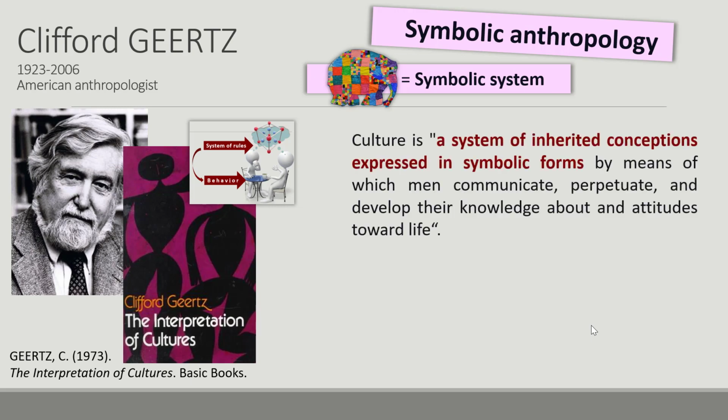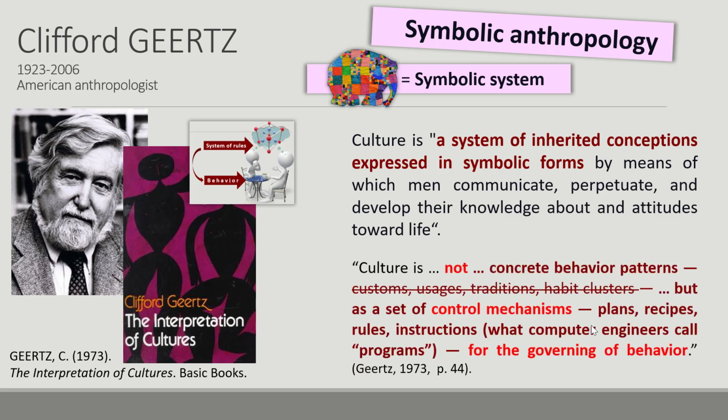Culture is a system of inherited conceptions expressed in symbolic forms by means of which men communicate, perpetuate, and develop their knowledge about and attitudes toward life. Culture is best seen not as a complex of concrete behavior patterns, customs, usages, traditions, habit clusters, but as a set of control mechanisms, plans, recipes, rules, instructions, what computer engineers call programs for the governing of behavior.